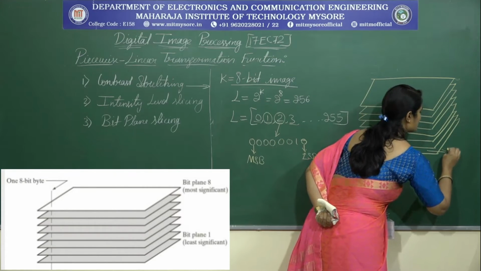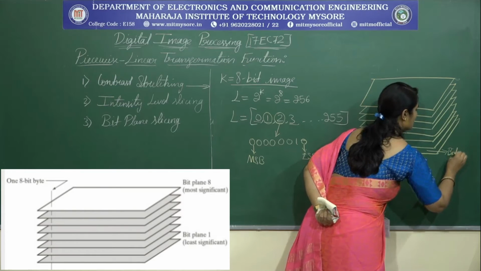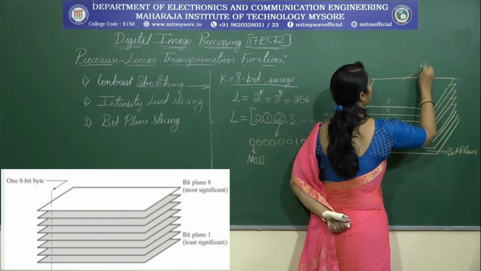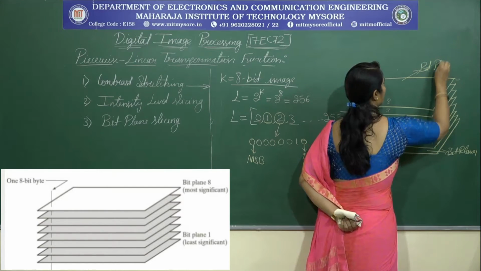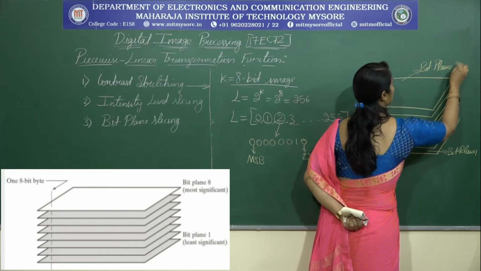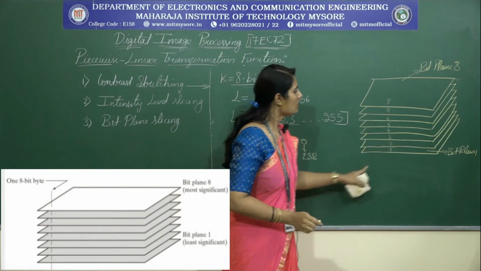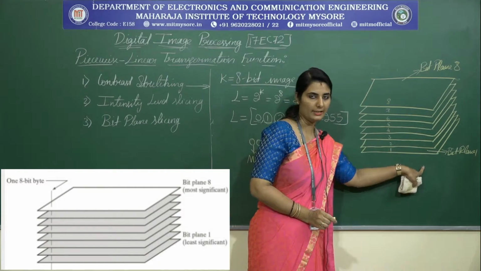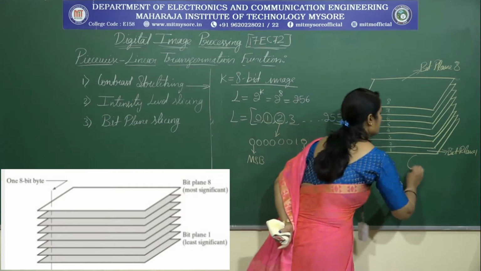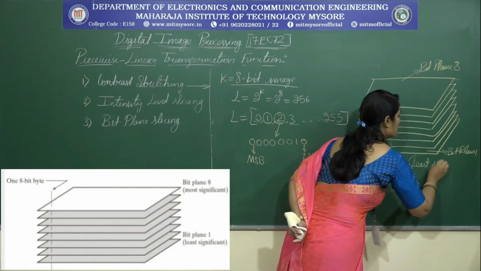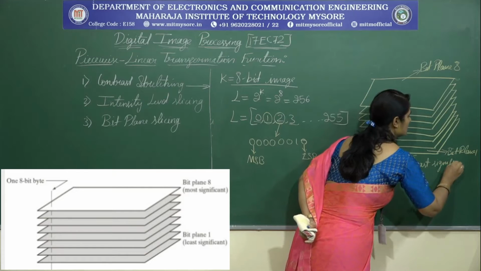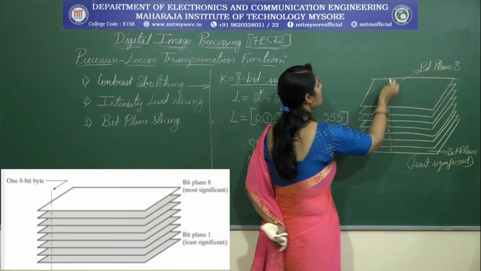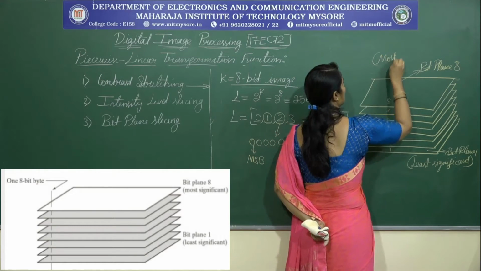So this is bit plane 1 and this is bit plane 8. This bit plane 1 gives the least significant information of the image, whereas this bit plane 8 gives the most significant information of the image.